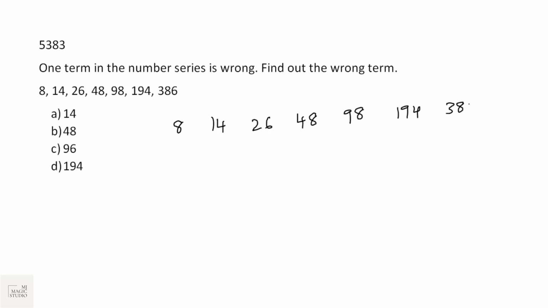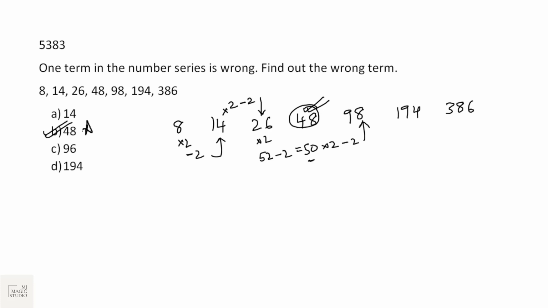Let's see. 8 into 2 is 16, minus 2 will give 14. 14 into 2, 28, minus 2 is 26. Very good. 26 into 2 is 52, minus 2 is 50, but this is 48. Now 50 into 2, 100 minus 2 is 98. That means 48 is the wrong term in this series. This should be 50. Option B is the pick.